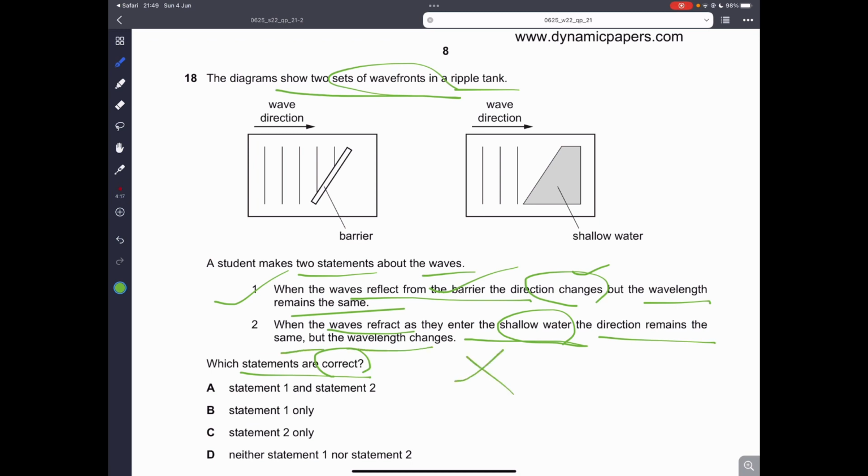This is partly correct, but not right as well, because the direction will not remain the same as it is being refracted, remember? It could change direction, like this. And therefore, you have to know that the direction will also change, and the wavelength also will change because it is in shallow water. And therefore statement 1 is the only correct answer, so B is the correct answer.